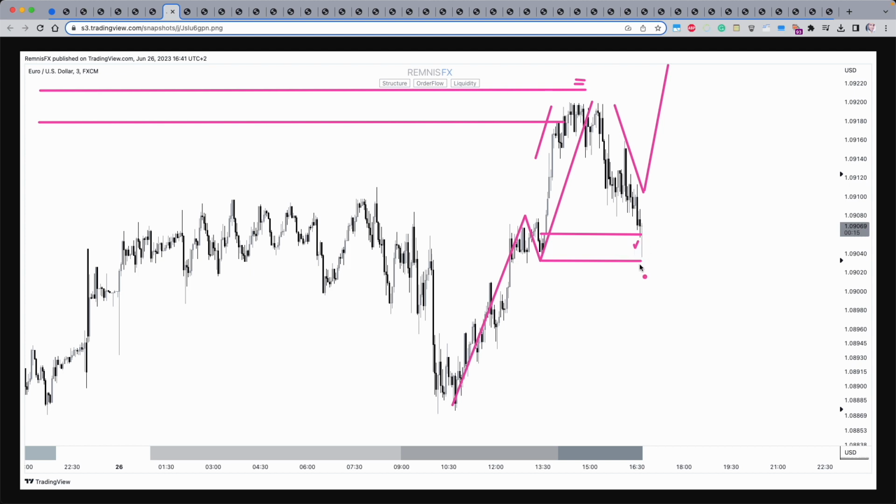And where are their stop losses collected? Here. So now price may give a reaction, come down, collect all stop losses while taking out this liquidity that I was focusing on to be liquidated.